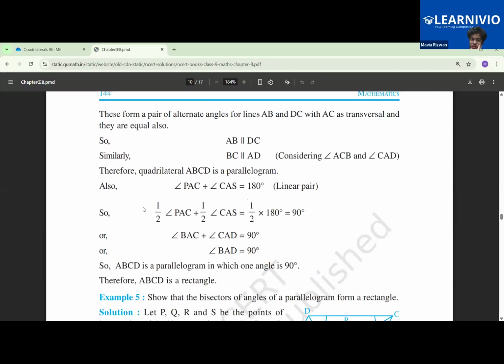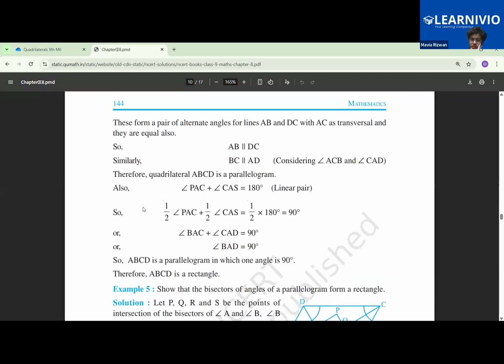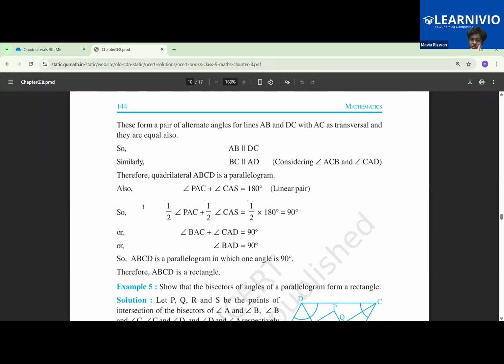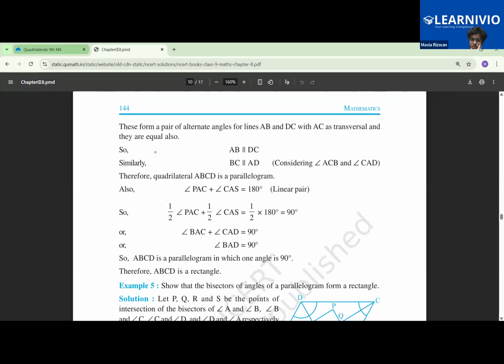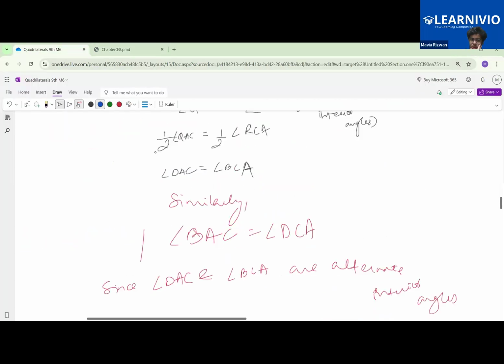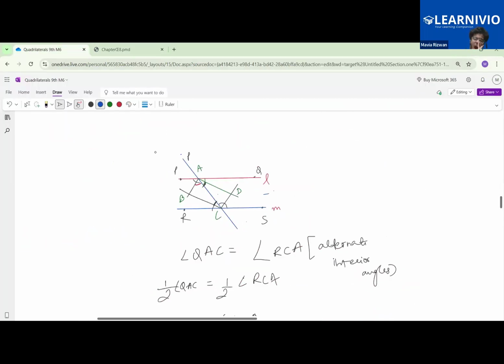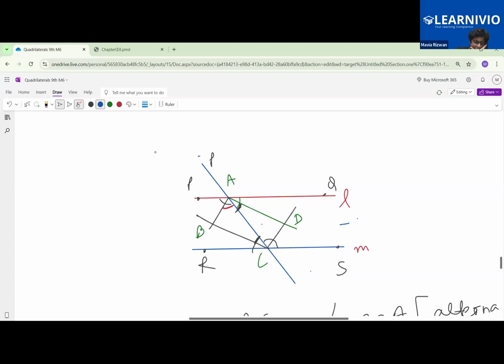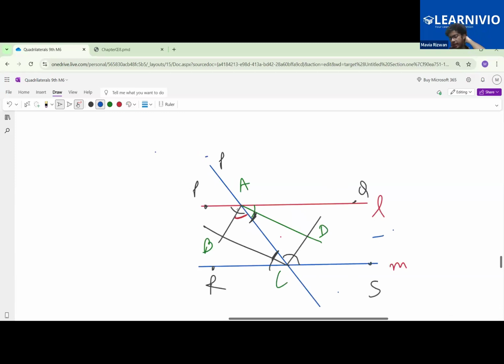Now they are saying that we have to prove that it is a rectangle. Basically we have to prove that any of the angles is equal to 90 degrees. So we will be able to prove that all of the angles are equal to 90. Now, guys, how can we prove that?